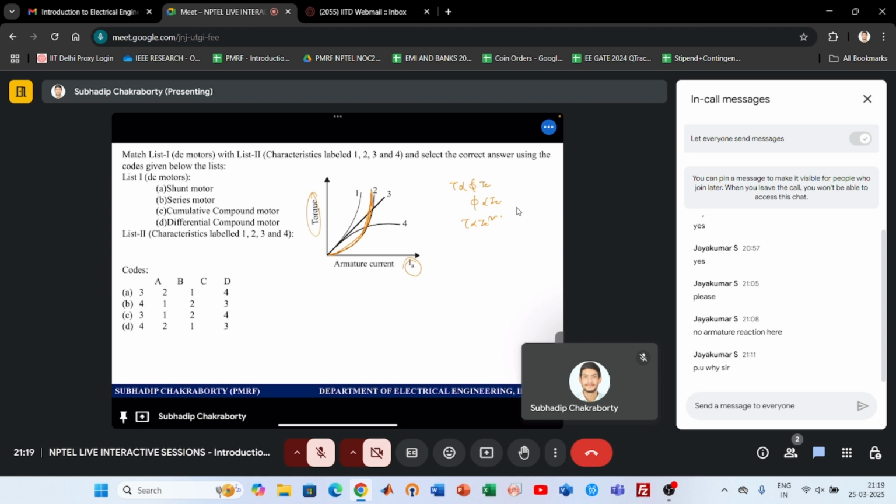So it should be parabolic, and your shunt should be a linear characteristic because flux is constant. So torque is proportional to IA for shunt, and this is for series, right? So it is now clear that for 3 you need to go with shunt, which is A, and for 2 you need to go with series, which is B. Now there is another much steeper curve.